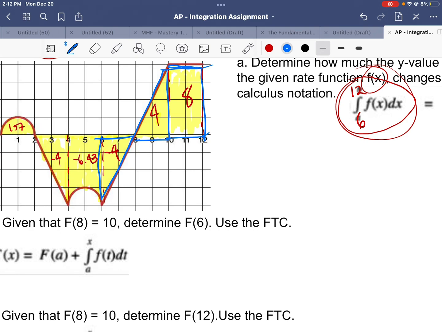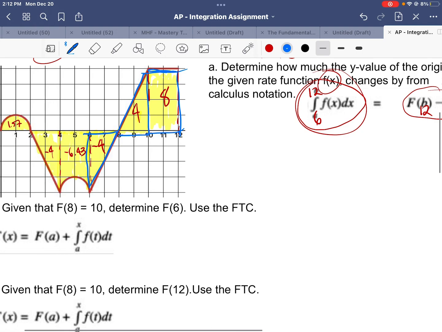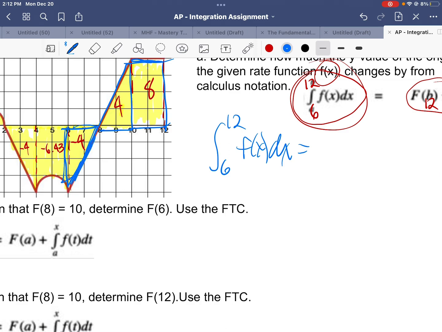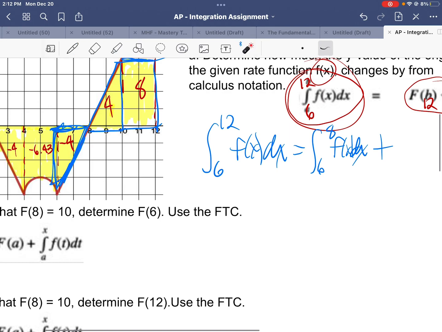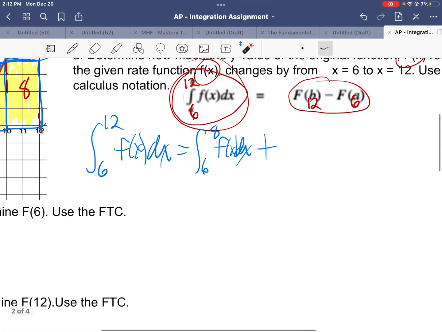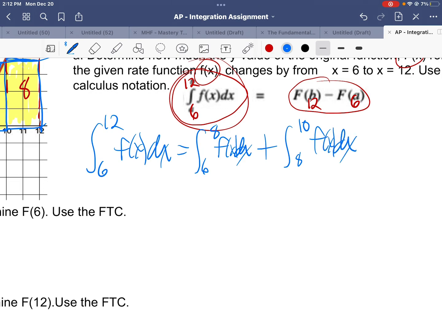If I'm going to add all these up, the integral from 6 to 12 of f of x dx equals the first integral, which is this one here, that goes from 6 to 8 of f of x dx, plus the integral from 8 to 10 of f of x dx.